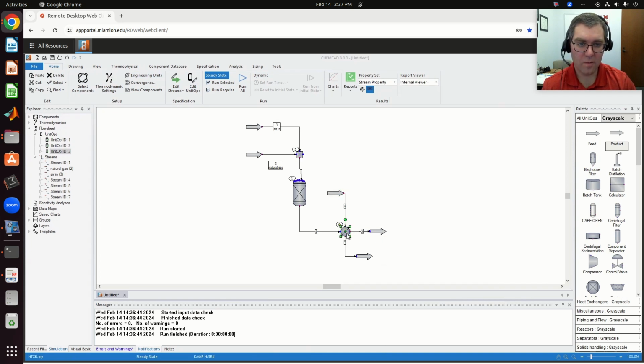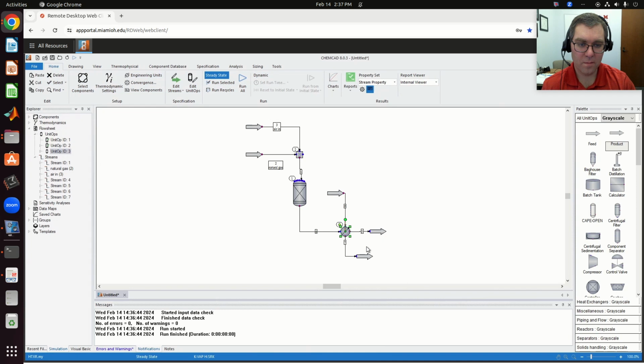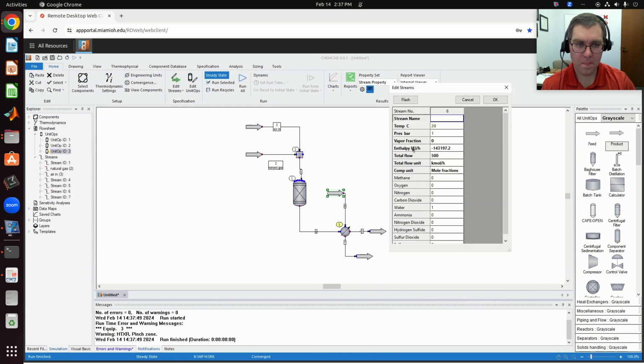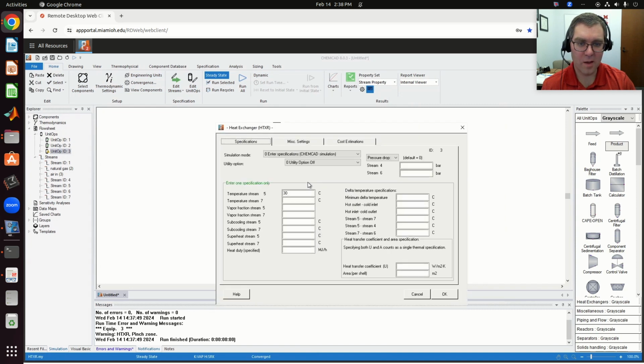So now when I run this, I'll still specify the exit temperature of stream 5. So if I run this, it didn't like that. Oh, I think the problem is I specified 30 degrees C, right?